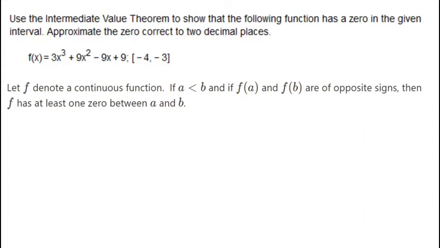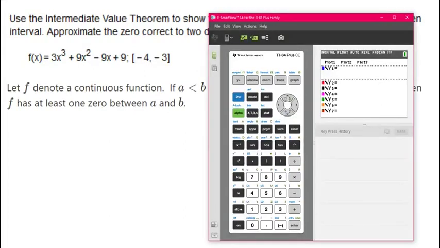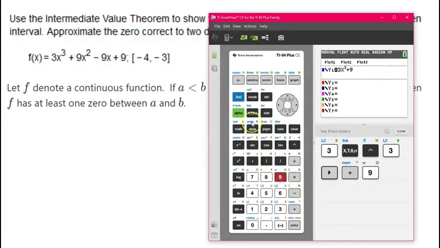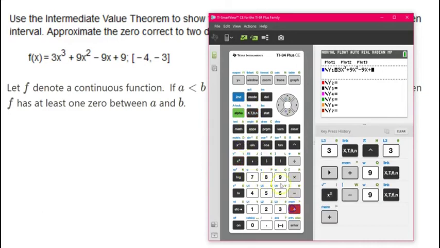So I'll type into the y equals menu the function that we're working with. It's 3x cubed plus 9x squared minus 9x plus 9. And I'm going to go to the table.